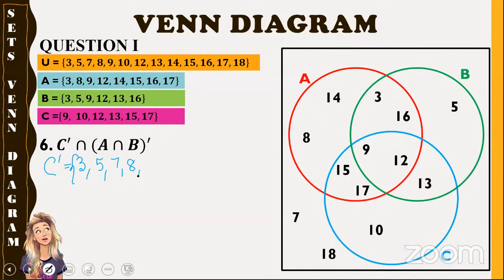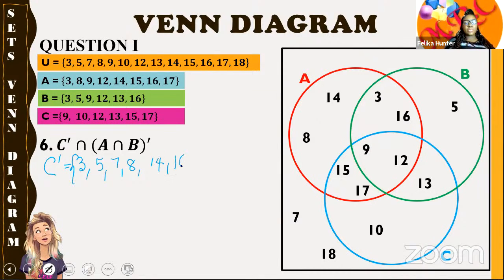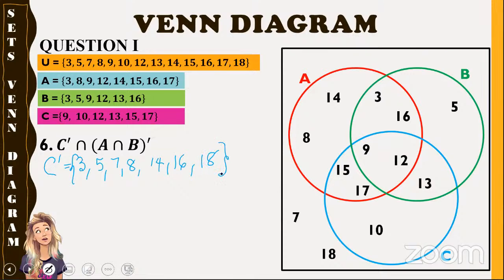Mm-hmm. Go, continue. Continue for me, Peter. 16. Oh, 14. Then 16 and 18. And 18. Well done, darling.